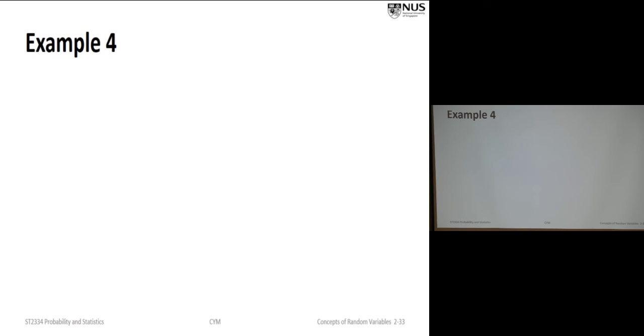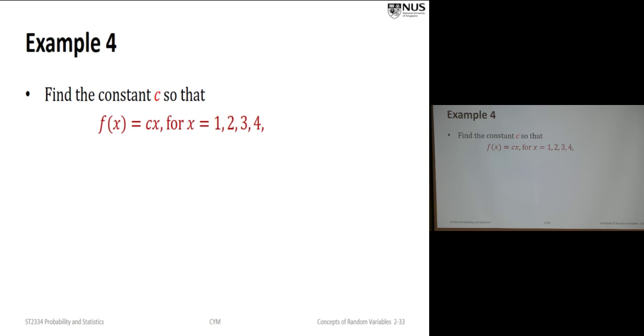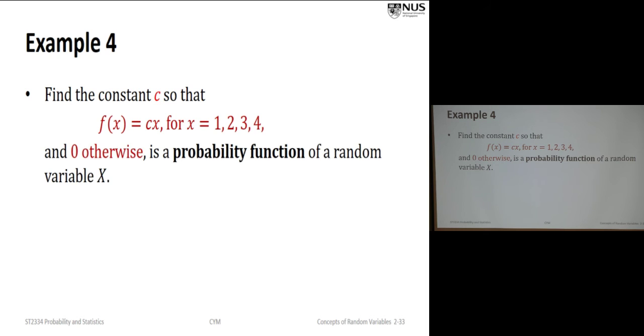All right? Another example. Find a constant C such that this is a well-defined probability function. Now, so far I did not mention this part. This is important. I make sure that I cover all the numbers.